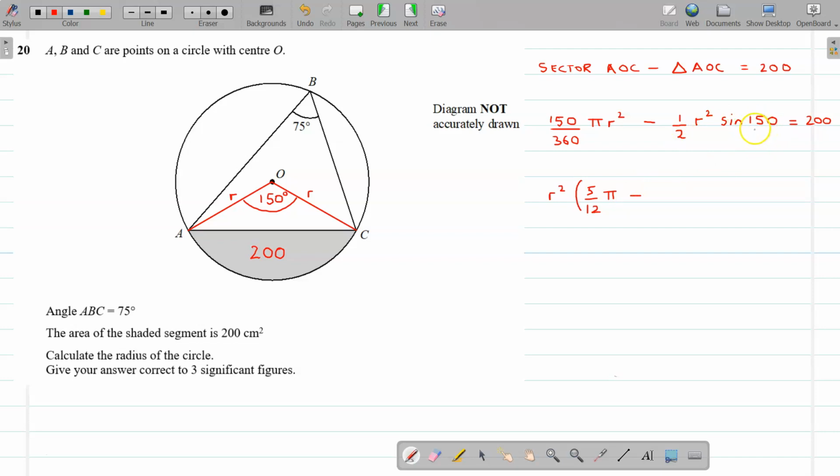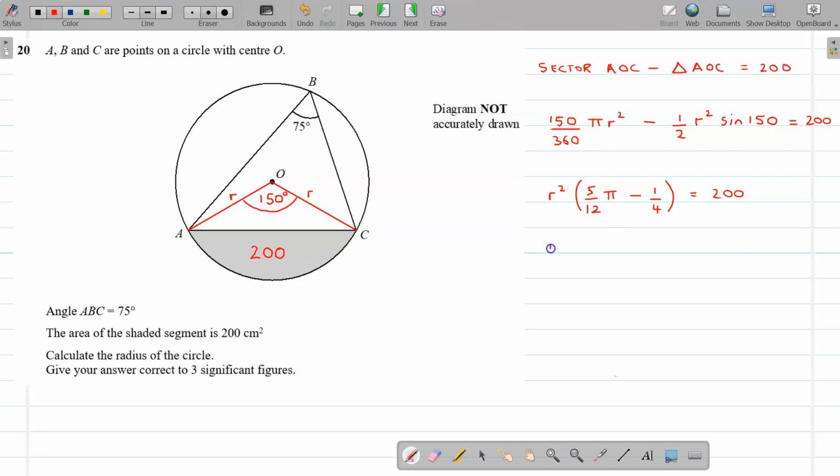Now the sine of 150 is the same as the sine of 30. If you think of the symmetry and shape of the sine graph, and the sine of 30 you should know is a half, but you've got the calculator anyway, so it's a half of r squared times a half, which is a quarter. Okay, and that equals 200. So all I need to do now is to divide both sides by this.